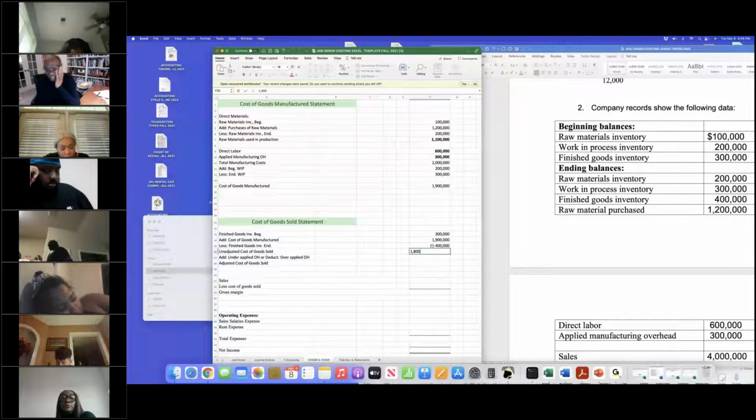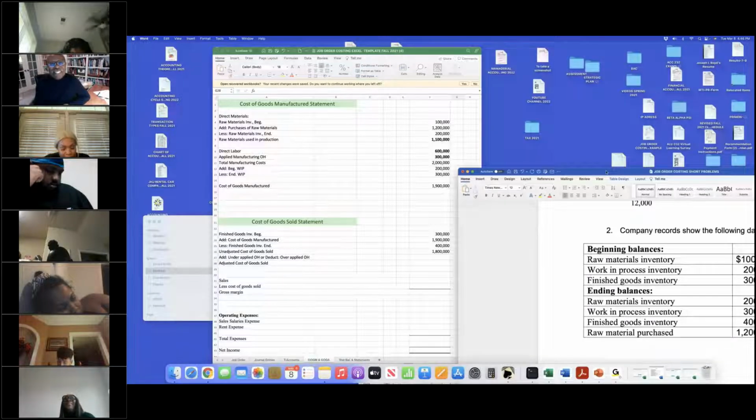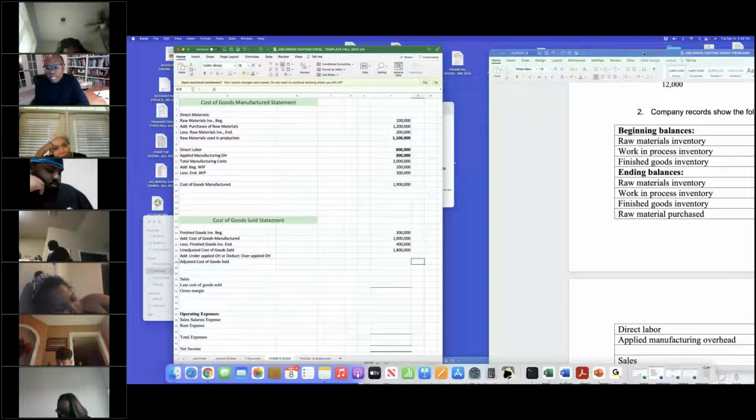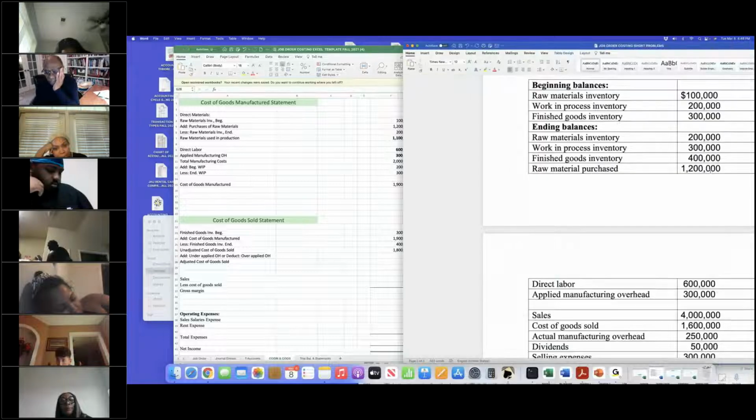If we follow the Excel spreadsheet and we try to do them on the side somewhere, we might have problems. But if we put them on this Excel spreadsheet, you'll be okay. Now, in this problem, we estimated the overhead to be what? 300,000, but the actual overhead was only 250.